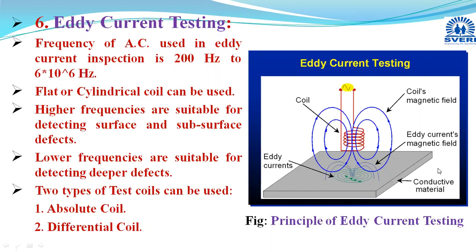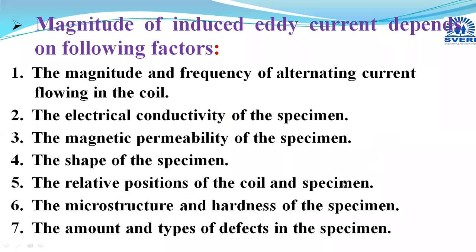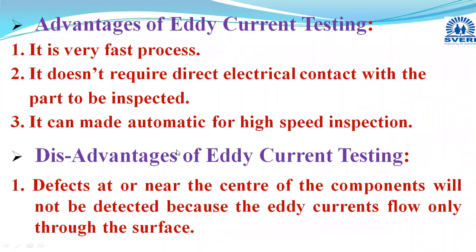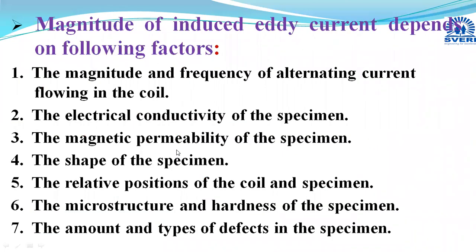How are we detecting this? First, we have prepared one sample of standard specimen which is defect free, and by comparing with it, we are checking the other samples. Okay, so this is the eddy current testing method, and these are the parameters which will affect the eddy current magnitude.